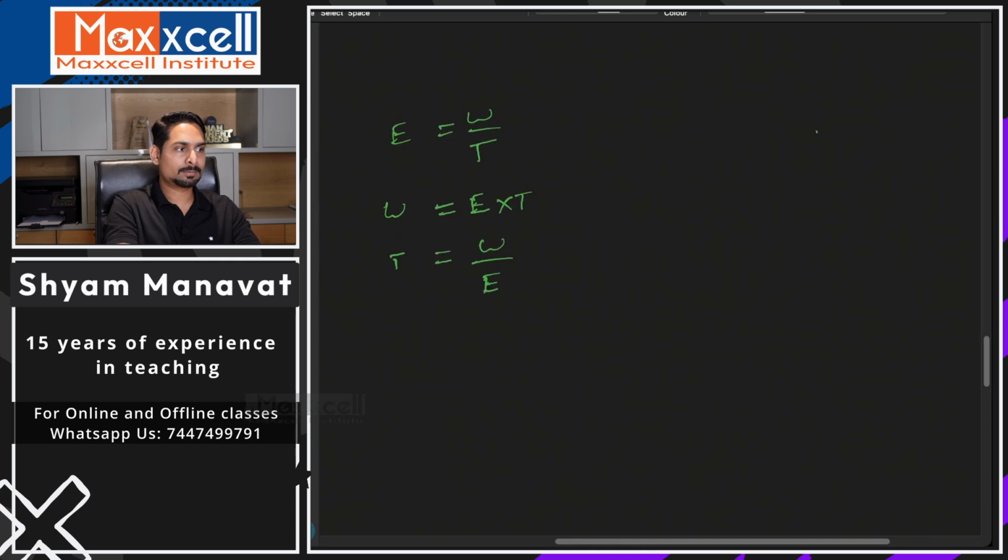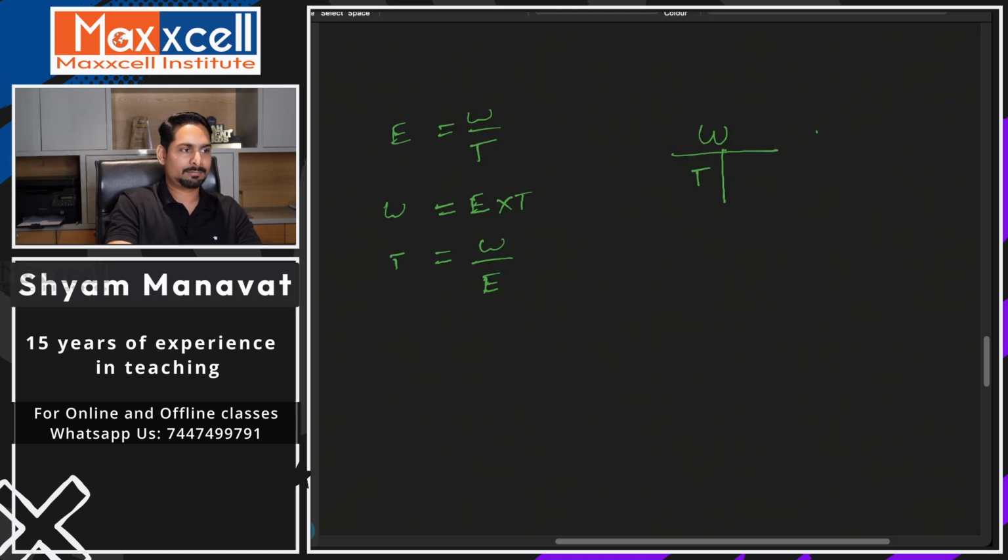You can remember this another way also. Draw one circle and divide it into 3 parts: work, time, and efficiency. If you want to find the efficiency formula, hide efficiency. What do you have? Work upon time.